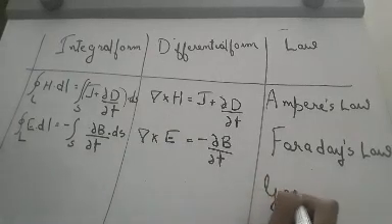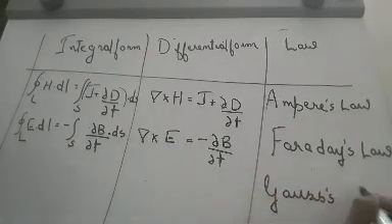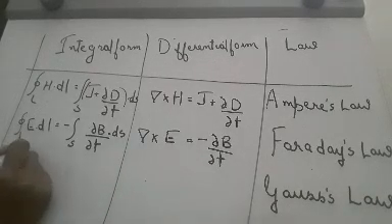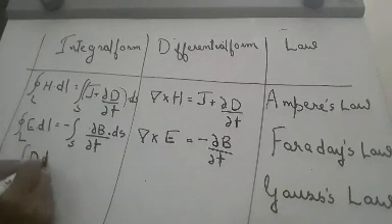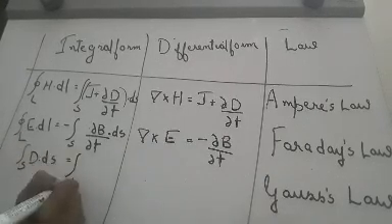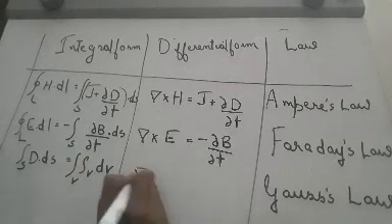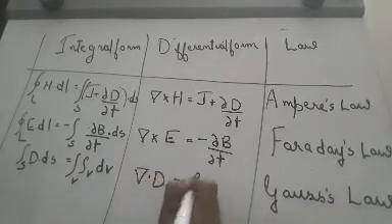Third equation is Gauss's law for electric field. Surface integral of D dot dS is equal to volume integral of rho v dv. Differential form is del dot D is equal to rho v.